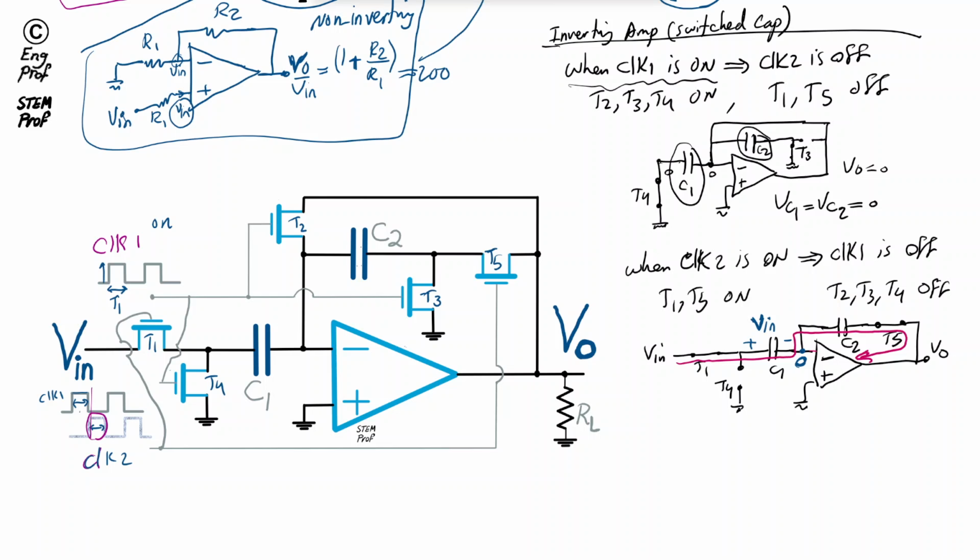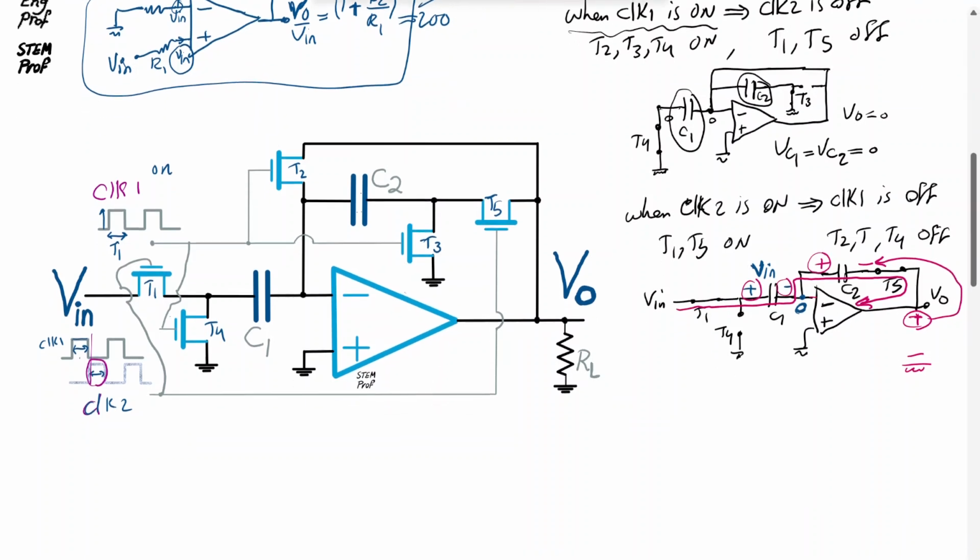When this current goes through C1, it accumulates charge with this polarity. It also accumulates charge with this polarity across C2, which is counter to the polarity of Vout, because Vout positive, by definition, is at the negative assumed polarity for the accumulated charge across C2. So that negative gain comes from that observation.